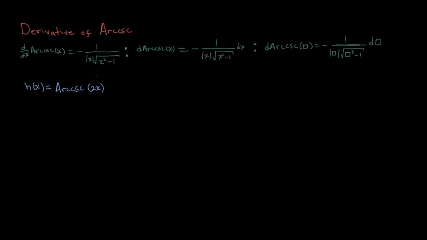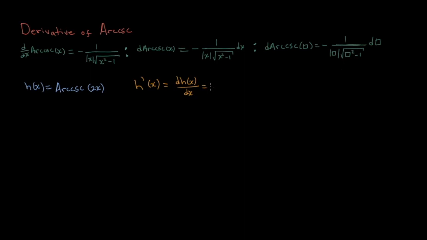So we're given a function here, h of x is equal to the arccosecant of 2x. In order to evaluate the derivative, h prime of x, which we can also write in Leibniz notation as dh of x by dx, is equal to this right here.